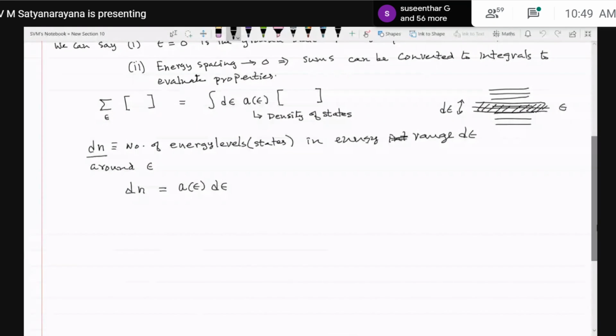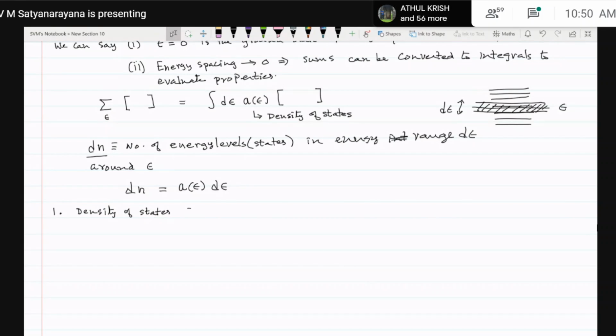Okay, so let's say this is our first step: density of states for a free particle, because we have an ideal gas, and an ideal gas is a collection of free particles. So this is simple.